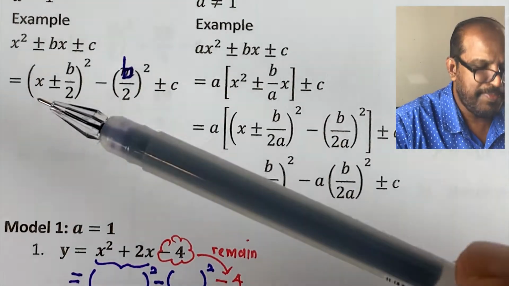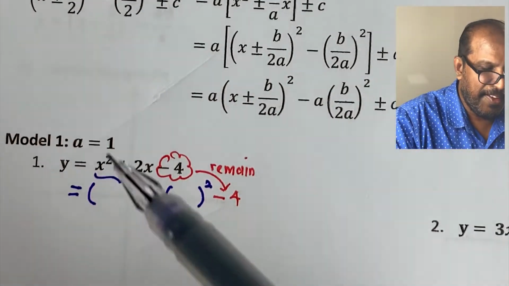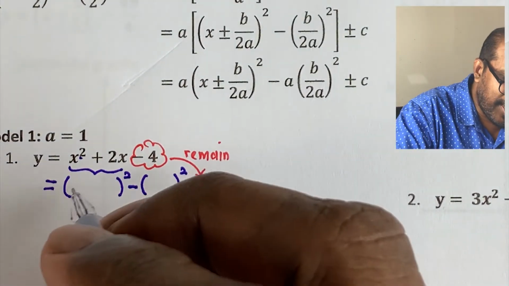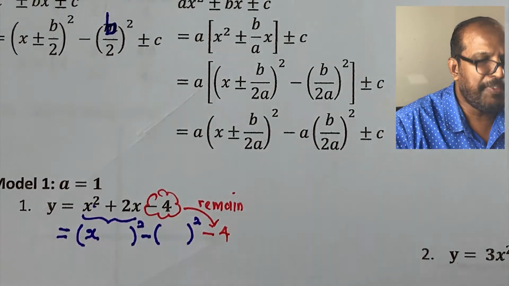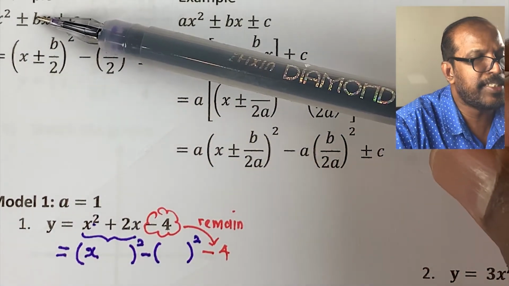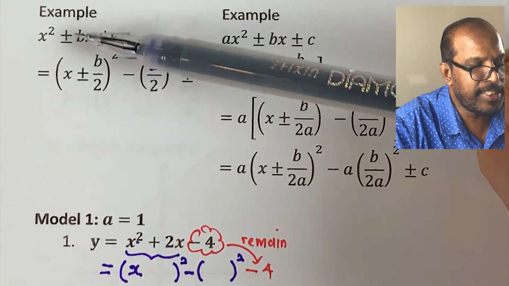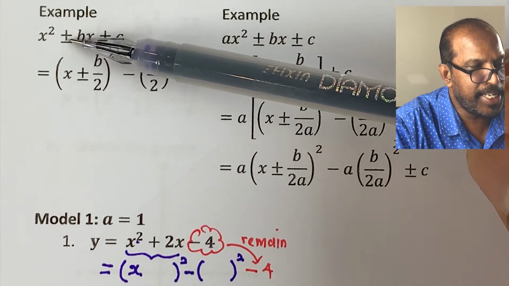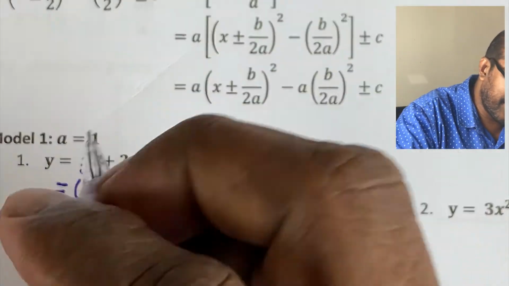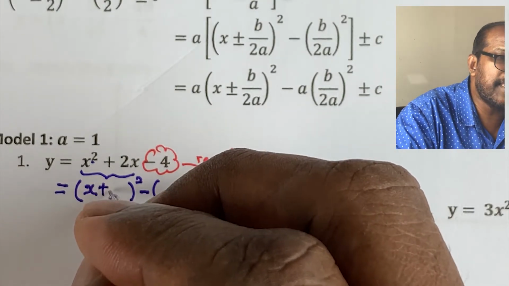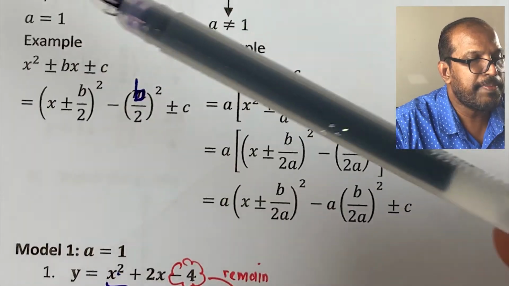Here is x, so x squared here, and x here. Here is plus minus: here plus, here plus; here minus, here minus. In our question, here is plus, therefore here is plus. If here is minus, then here is minus.